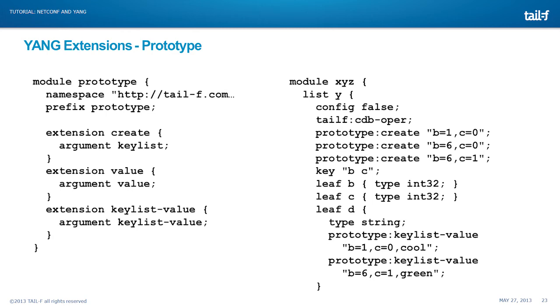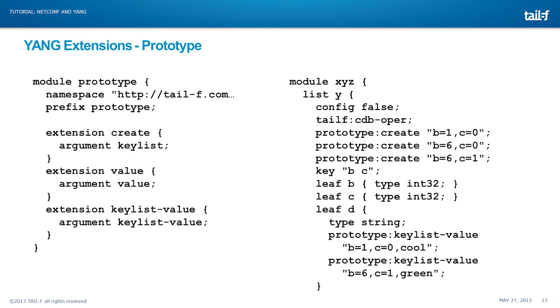Here, for this example of these extensions of create value and key list value, on the right we see use of those extensions. So our module XYZ would have done an import of our prototype module, and then we can see here where we have this list called Y, which is a table of operational state data since it's config false, and then uses of these create statements. Now, prototype would have been the prefix we gave the module.